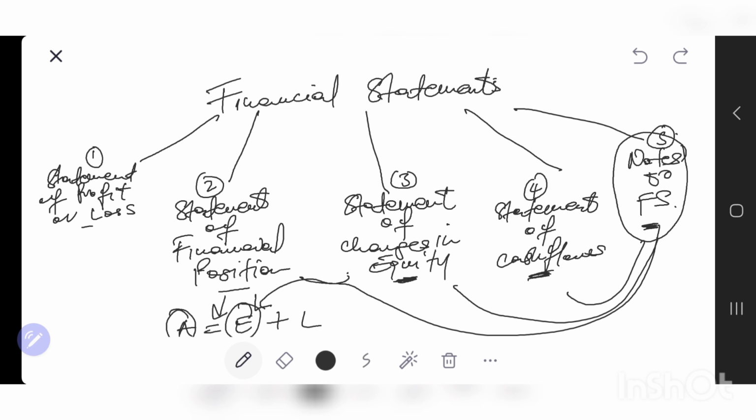And this information comes in the form of what? In the form of financial statements. So this is the end goal. This is what we are trying to do in accounting, guys.